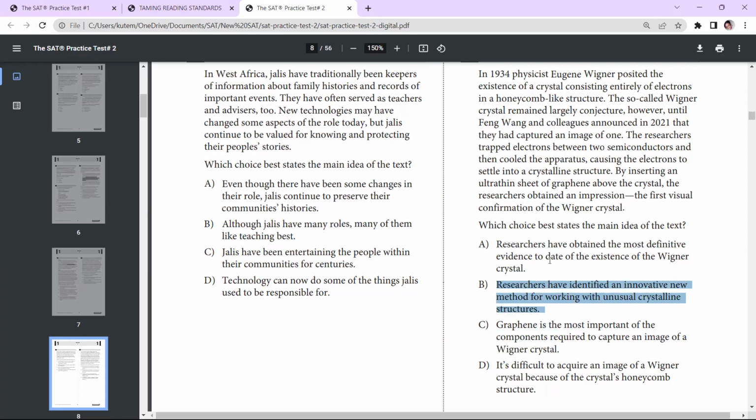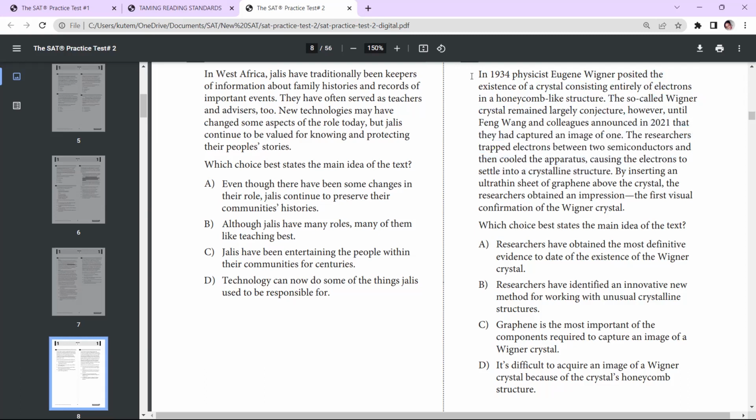A says researchers have obtained the most definitive evidence to date of the existence of the crystal. A makes sense just because even from the beginning, it says someone suggested the evidence. And then this remains largely conjecture, meaning it's just speculation. No one has seen it, and now they've seen it.